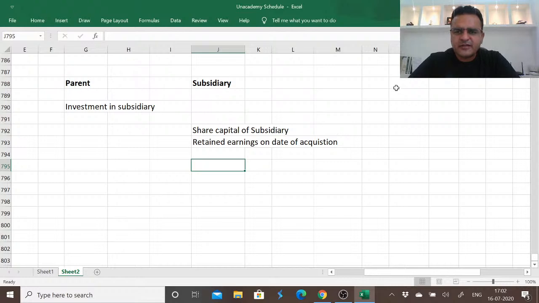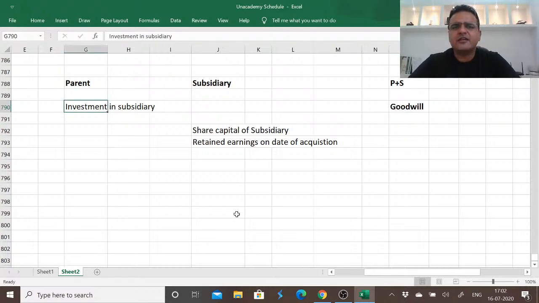So in normal circumstances in P plus S, we add up all other assets, but we do not include in P plus S the investment in subsidiary. This disappears and is replaced with goodwill. Goodwill replaces this investment in subsidiary.